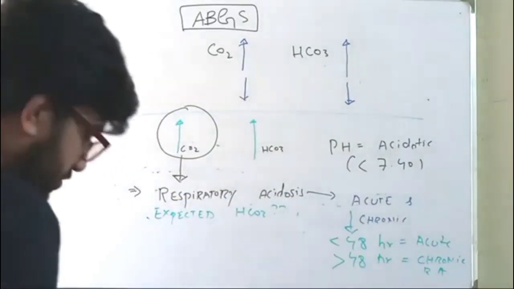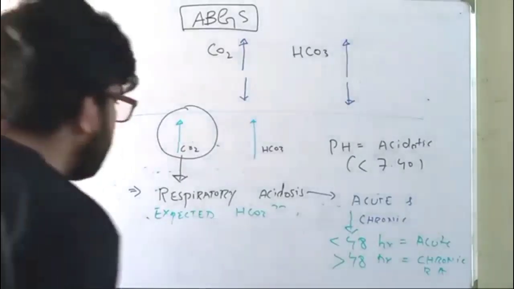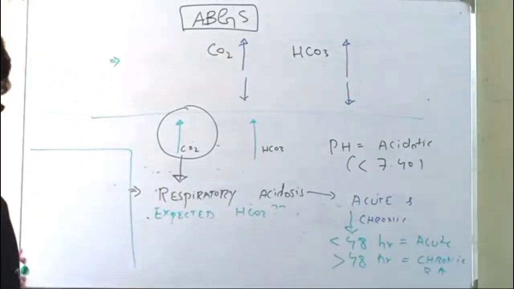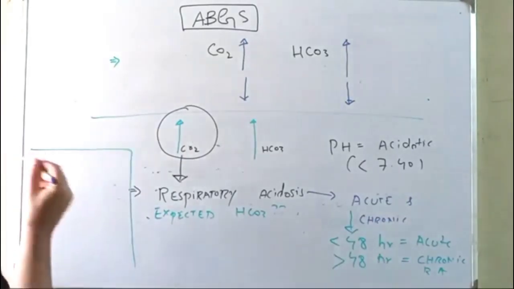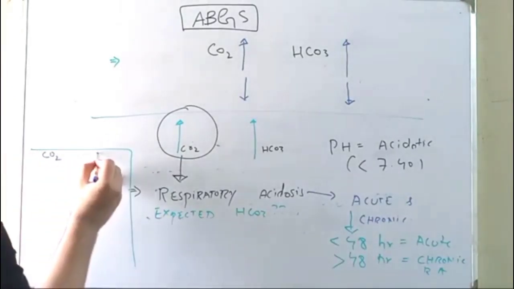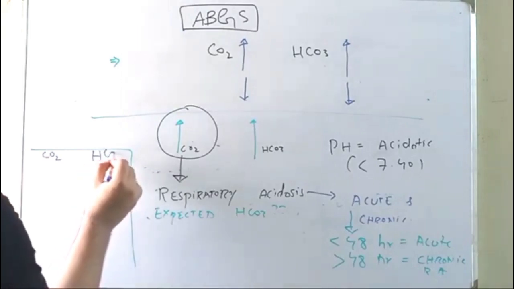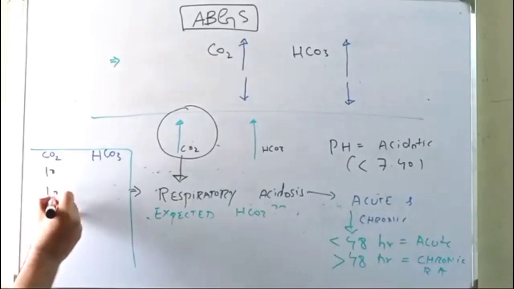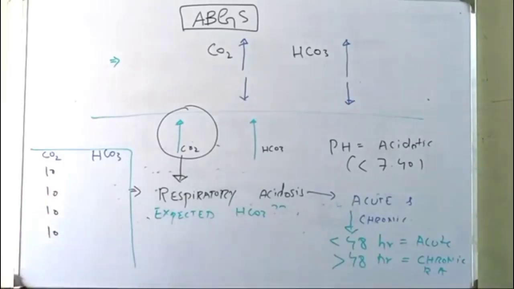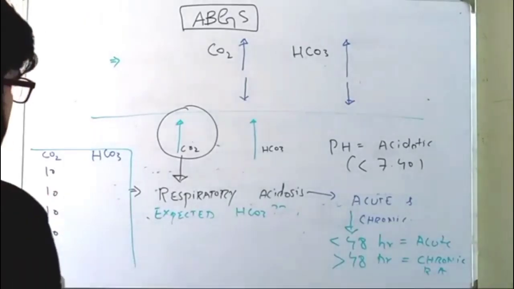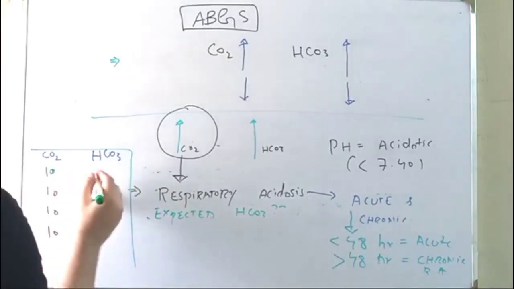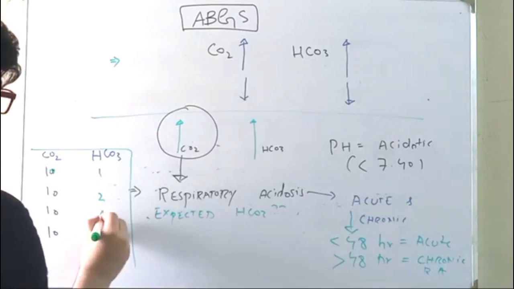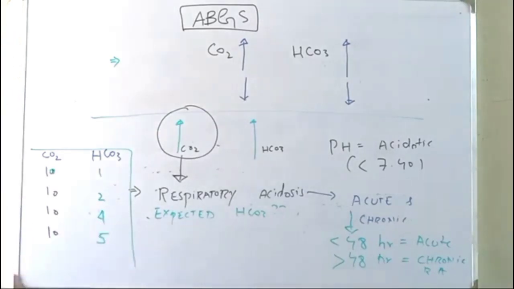So for respiratory acidosis, we are having compensation formulas. For acute and chronic, that is very simple. Suppose this is CO2 and this is bicarbonate. So this is 10, 10, 10, 10. The bicarbonate is 1, 2, 4, 5.